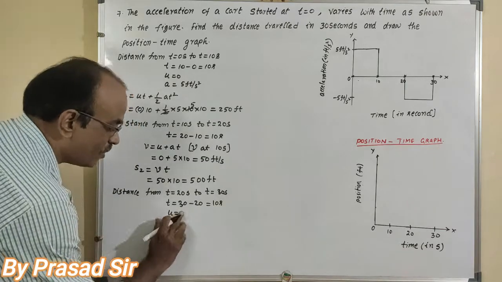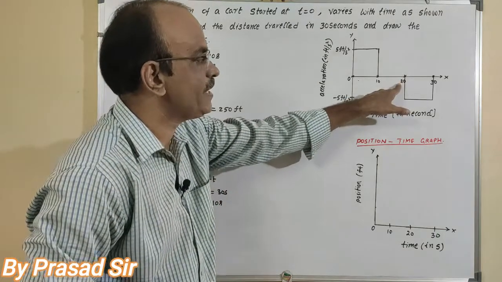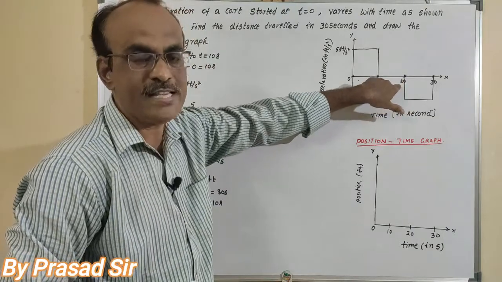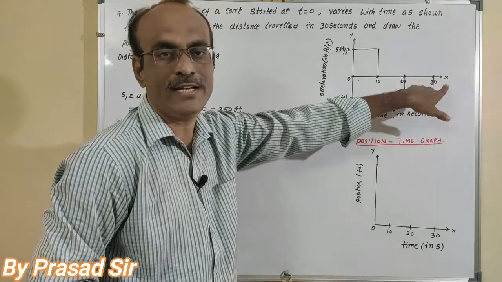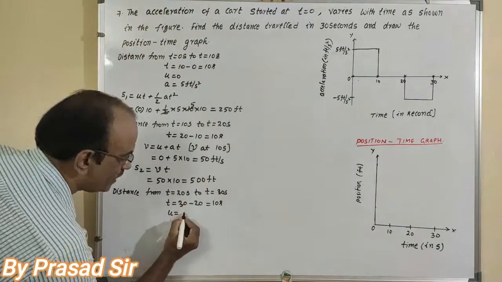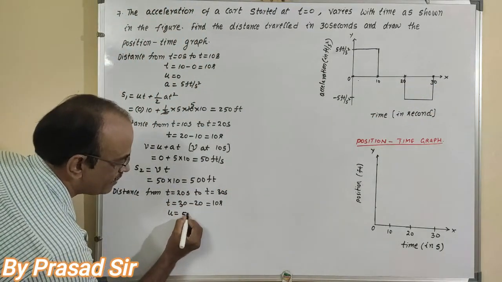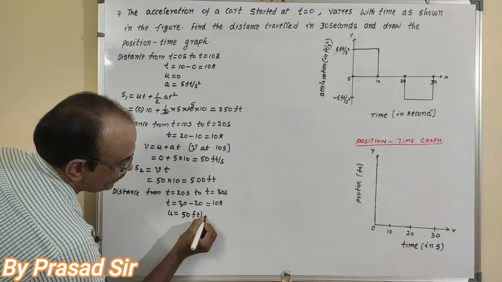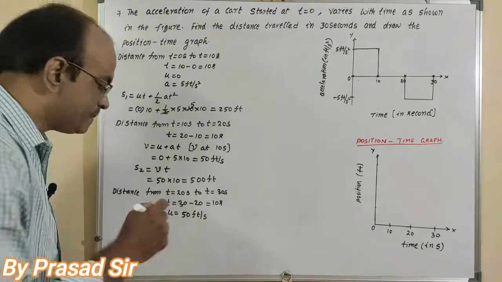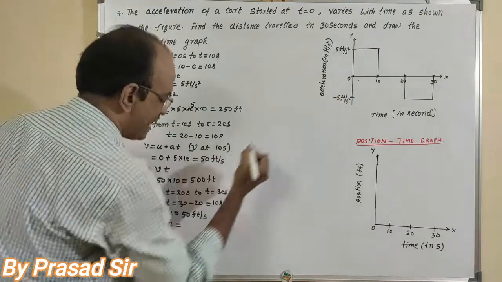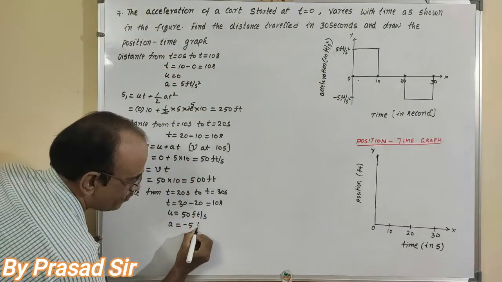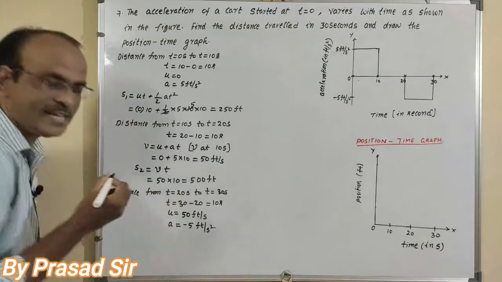Whatever the velocity is at this point, at 20, is the same velocity it has when starting from 20 to 30. So here u is 50 feet per second. What is the acceleration here? Minus 5 feet per second squared.